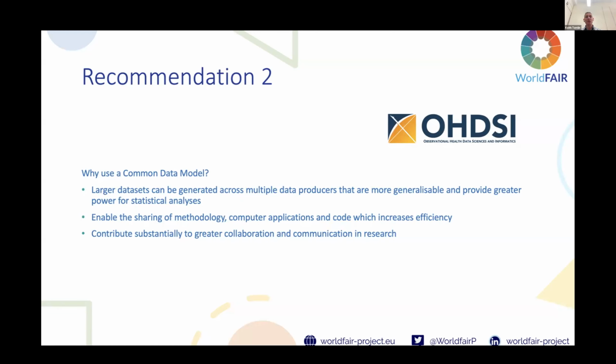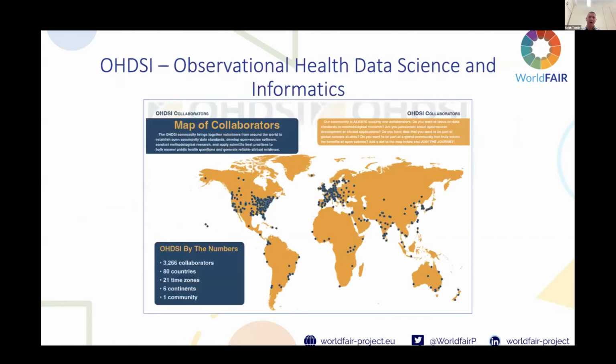And in terms of the subsequent steps of making data FAIR, you have to take this preliminary step first of this standardization. Our recommendation to adopt the Odyssey model, part of that is to do with the scale and the range of the body itself.